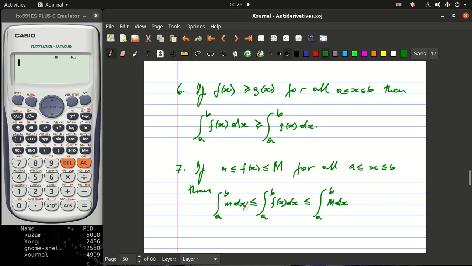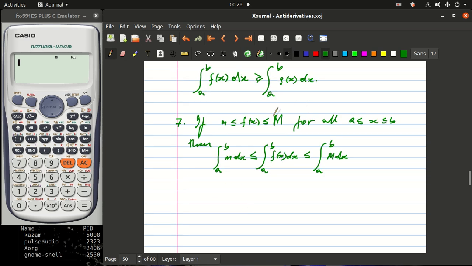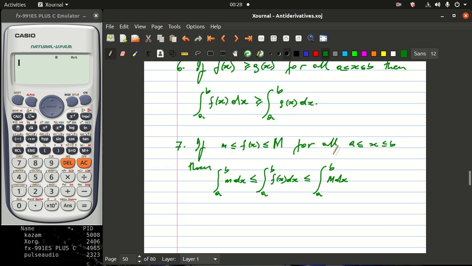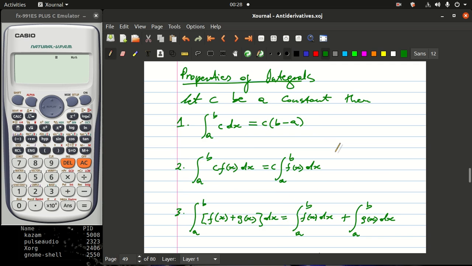What is important here, I want you to also realize that some textbooks, because this is a constant and that is a constant, and you know that the definite integral of a constant, you just take the constant multiplied by the difference between these two, like that.